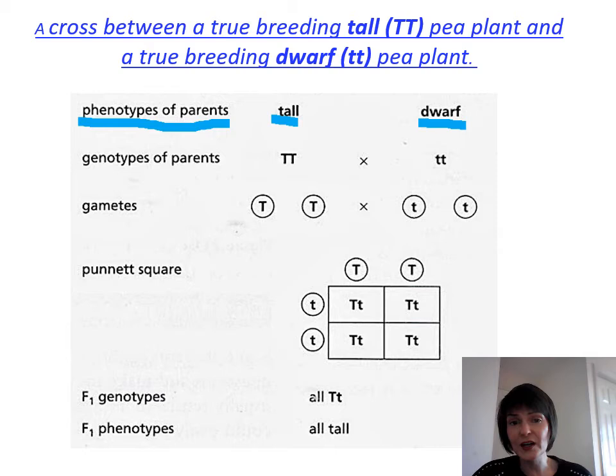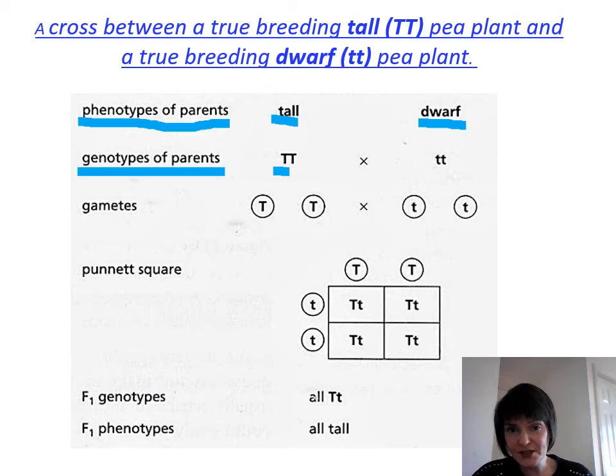Okay, how do I know that? Look at the question. Okay, so a cross between a true breeding tall and a true breeding dwarf plant. We then look at the phenotypes. That's what the plants physically look like. For genotypes of parents, so what we've got is we are told in the question that we have got a tall plant and it is true breeding.